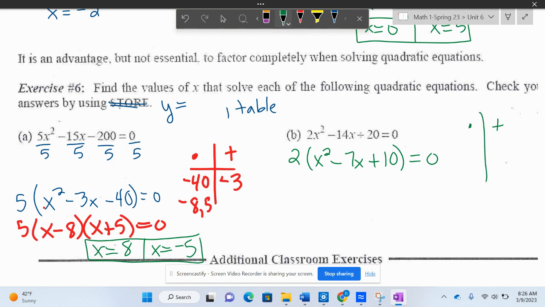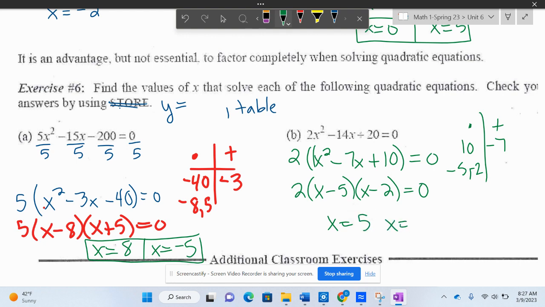Let's see, times plus. 1 times 10 is 10, has to add up to a negative 7. Yeah, negative 5 and negative 2. And when a is 1, the factors that you choose are the factors that you use. Put my 2 out front. So what are my 2 roots? x equals positive 5 and? Perfect.